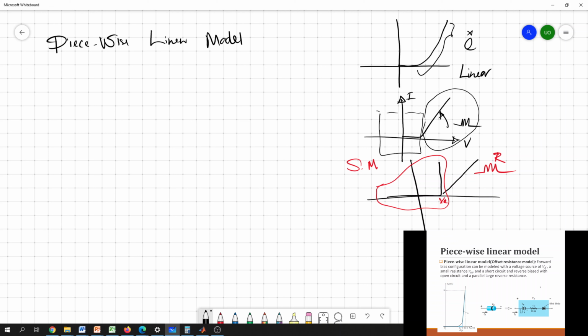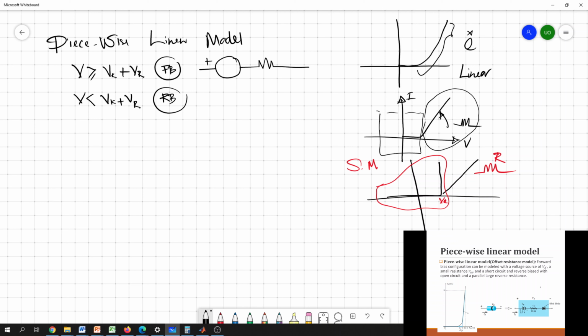So the conditions for this piecewise linear model are also similar: the applied voltage should be greater than Vk plus Vr for forward bias, and if it is less than Vk plus Vr, it is reverse biased.